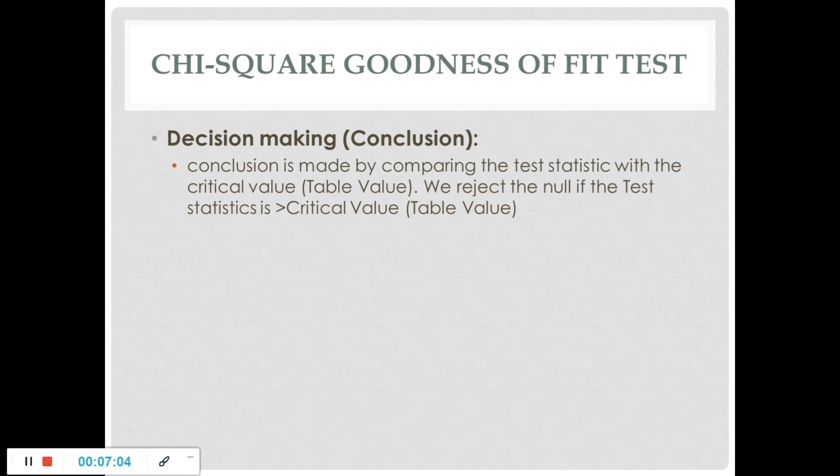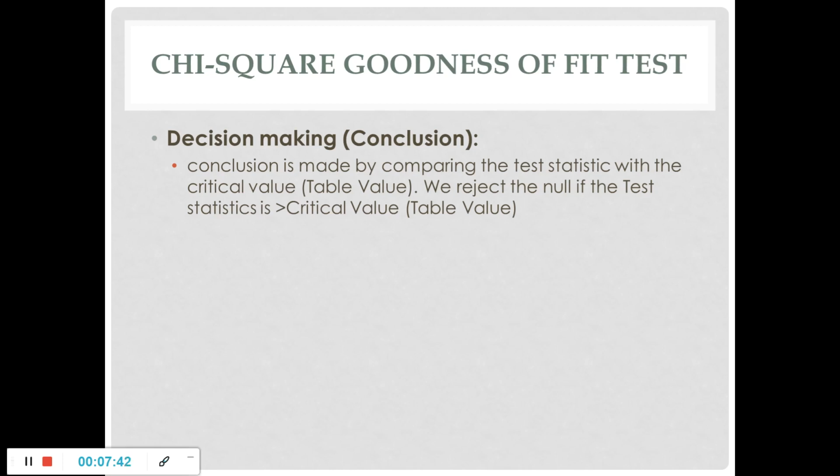The last step is decision making. Before you go to decision making, you should find out the critical value. Like the chi-square test that we did when we were doing the hypothesis test for variance, single sample variance, you might remember we did this exercise to find the critical value.